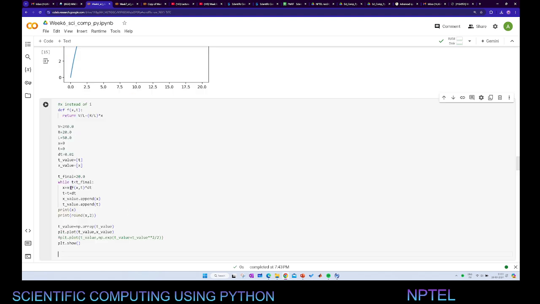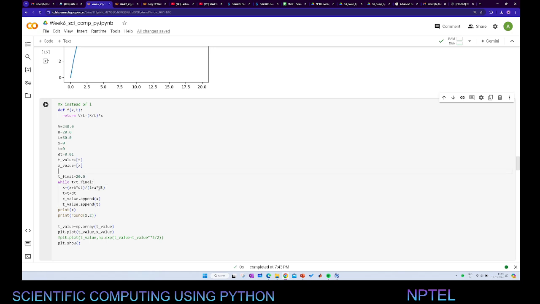And here x will be replaced by x plus beta delta t, so I would just say b times dt, divided by 1 plus a times dt.